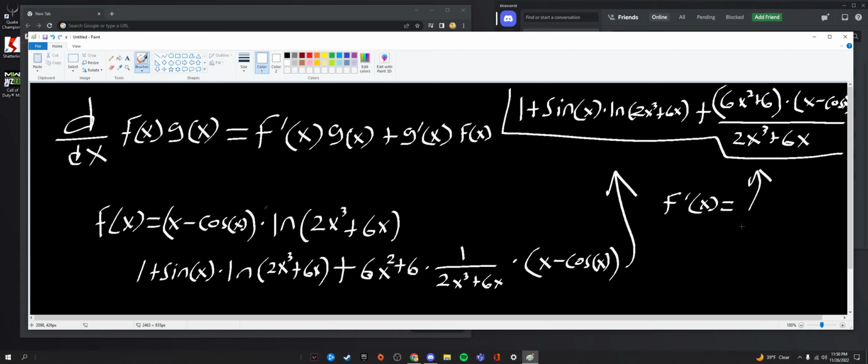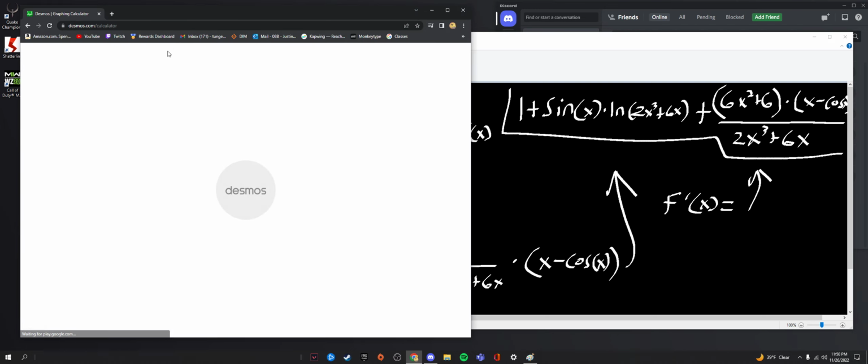Now that sure is a lot, and that is a pretty basic rundown of the product rule. And just for fun, let's go and see what that function looks like.